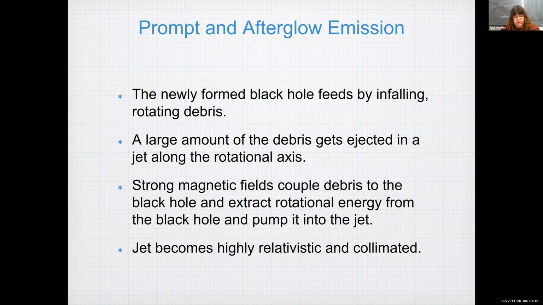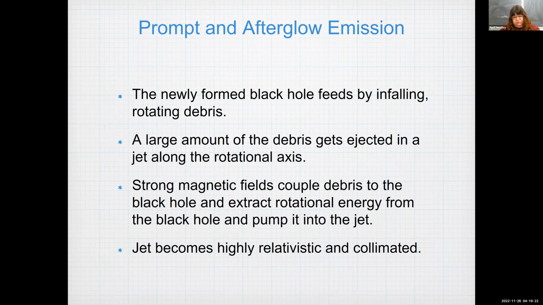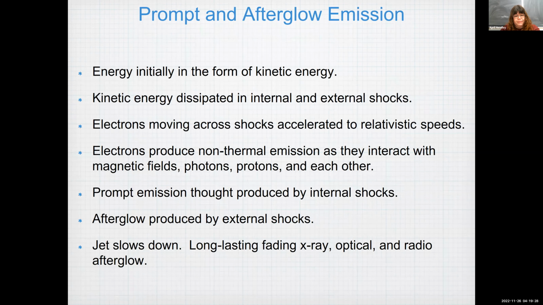Then, like I said, it slams into, or runs into, what was the outer part of the star, and then into what was surrounding the star. Energy is initially in the form of kinetic energy. You get these internal and external shocks: the internal ones are different parts of it moving at different speeds and running into each other, and the external ones when it starts running into the stuff surrounding the star.